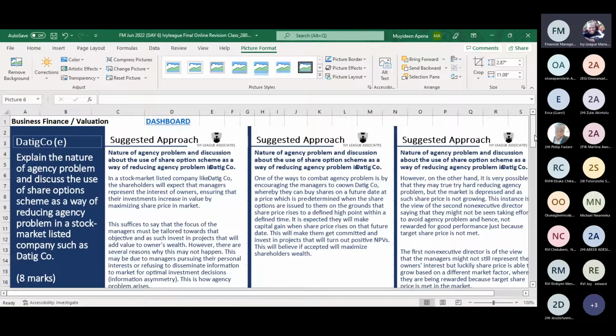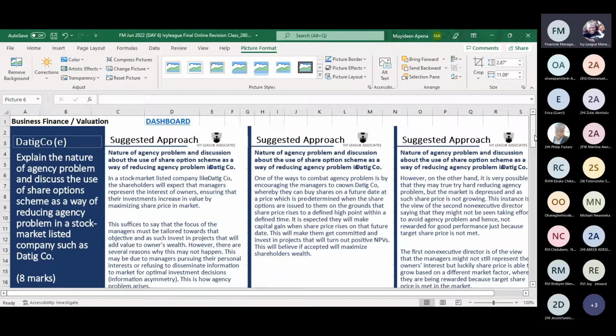Okay, going by the efficient market hypothesis. Now, one of the ways Datica would address this problem is to offer these managers a share option scheme. So what does that mean?